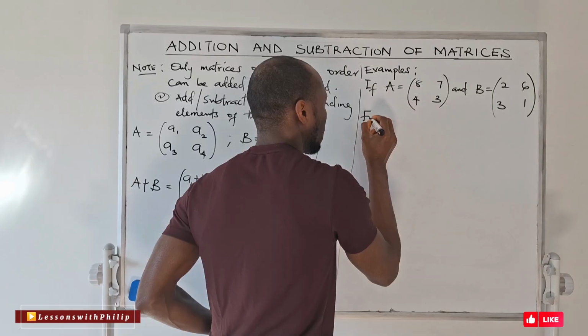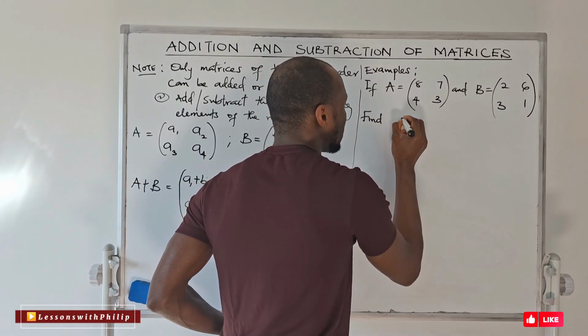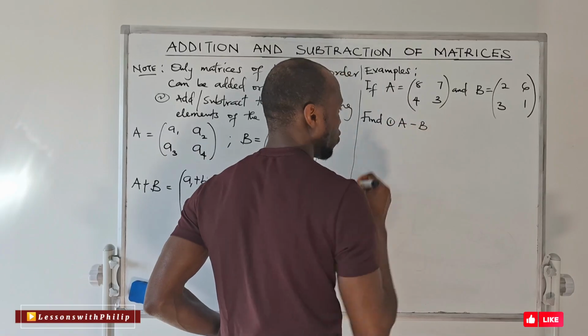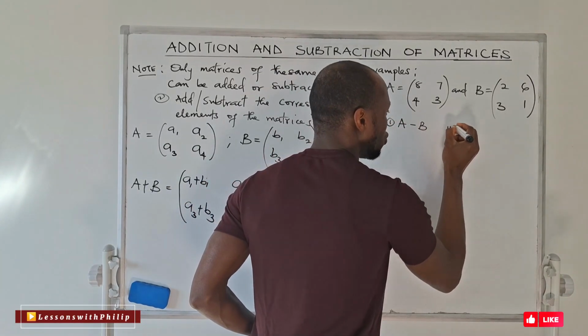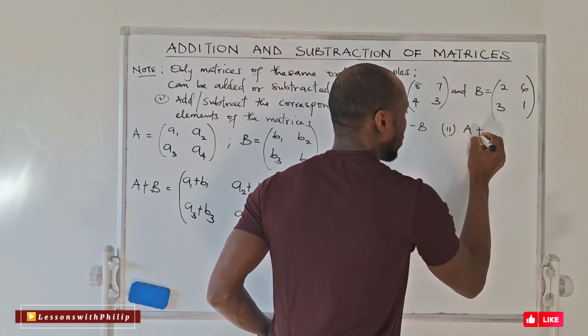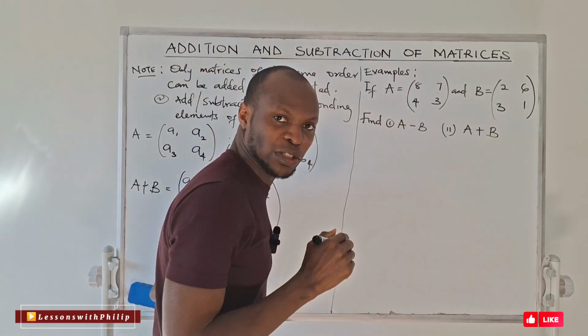If I have to find A minus B, that's my Roman figure 1. And in Roman figure 2, I'm asked to find A plus B. Okay, let's do that.